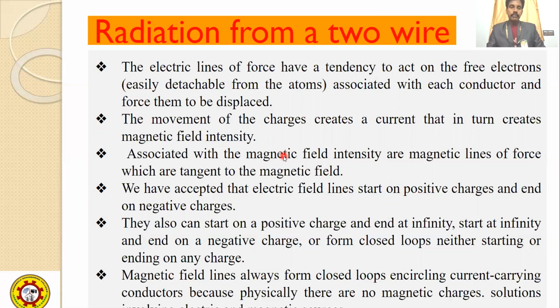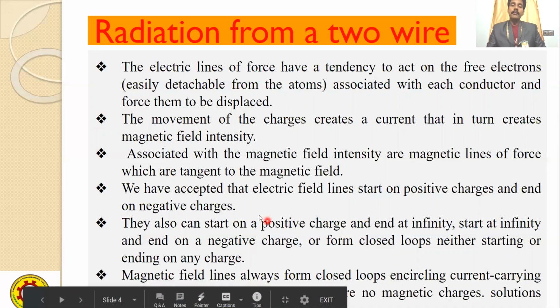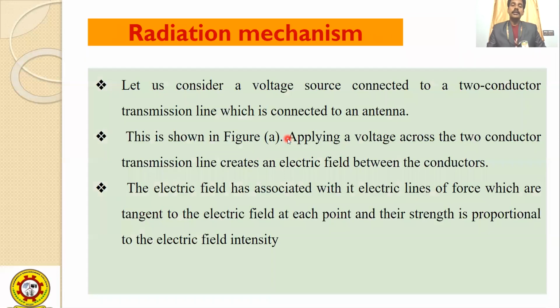So the electrical field lines create some movement of charges, and these charges give rise to magnetic field intensity. This magnetic field intensity, associated with the magnetic lines of force, creates a magnetic field. Both the magnetic field and electrical field are available in this two-wire transmission line.